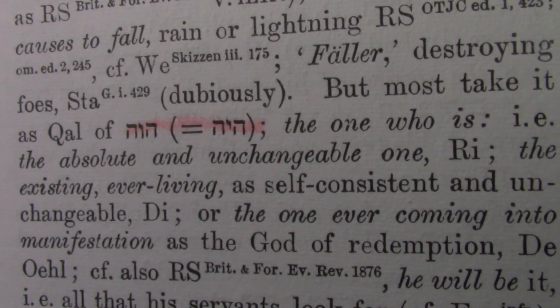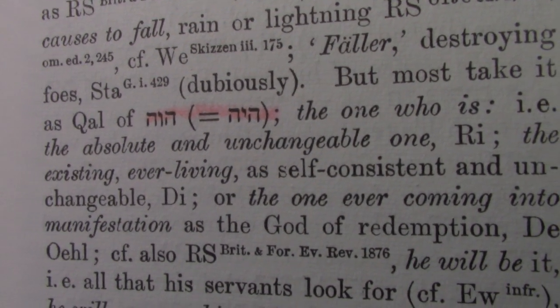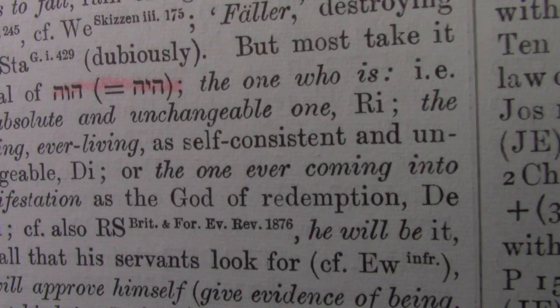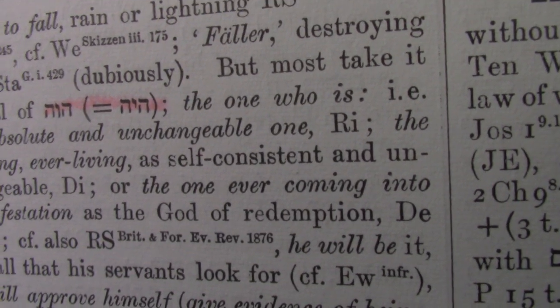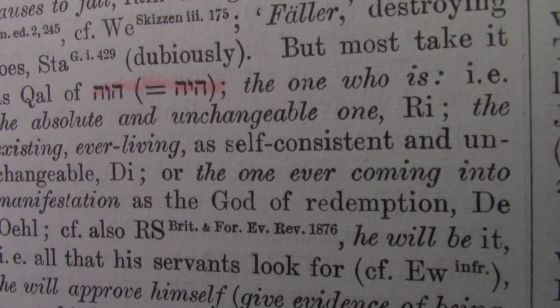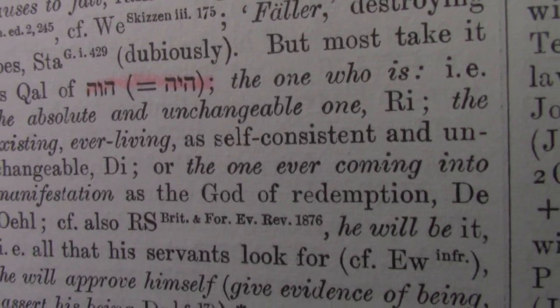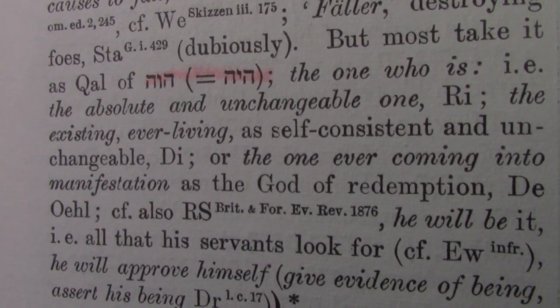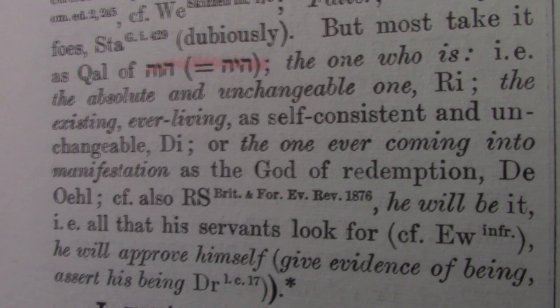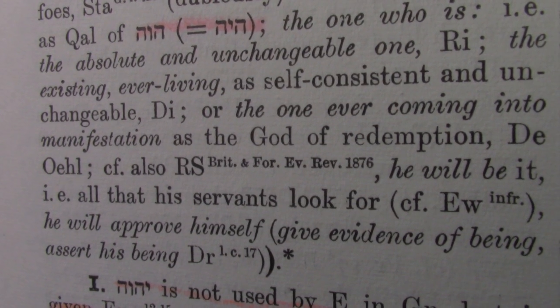RS. Then it goes on some other stuff, and then it says faller, destroying foes. And then it says dubiously, but most take it as call of Hawa equals Haya, or Haya after that. And this is the one who is, i.e. the absolute and unchangeable one, the existing, ever living, as self-constant.